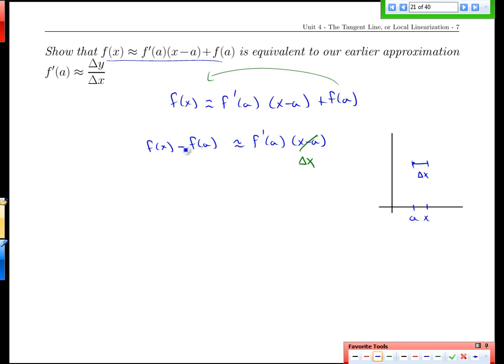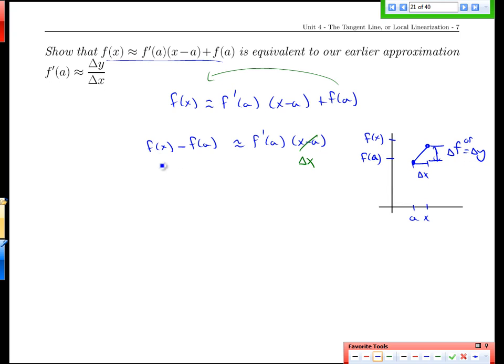And what about this part here? Well, we'd have a function, and we have the function values at those 2 points, f of x and f of a. We'd call that distance delta y, possibly. We haven't got y really in the expression here, but delta f here, or delta y.